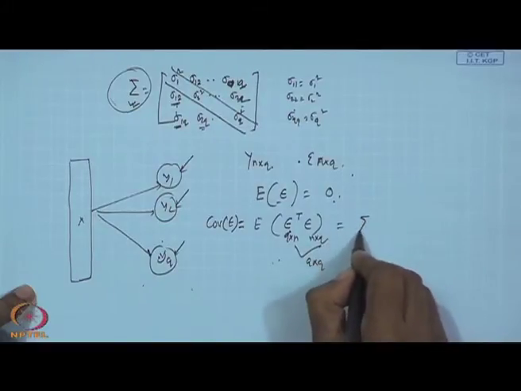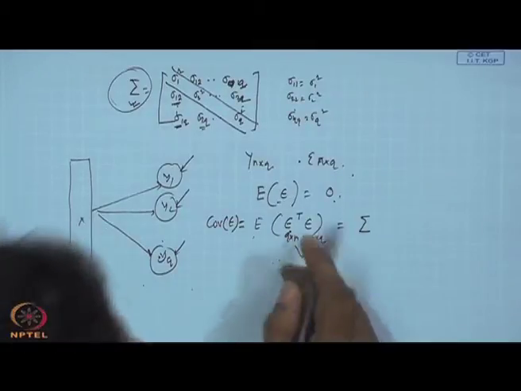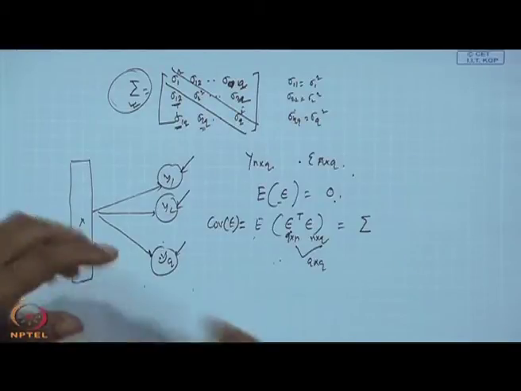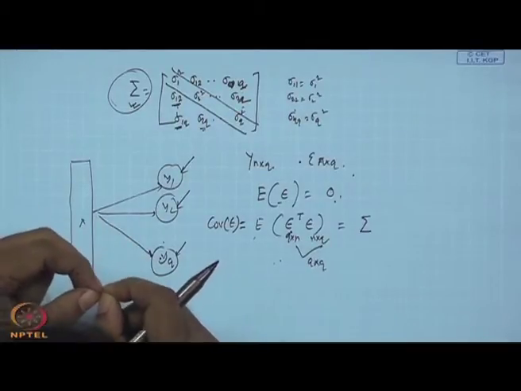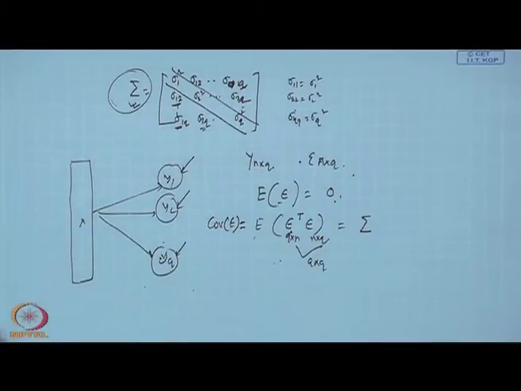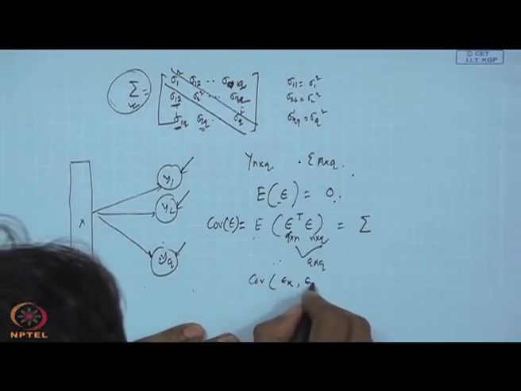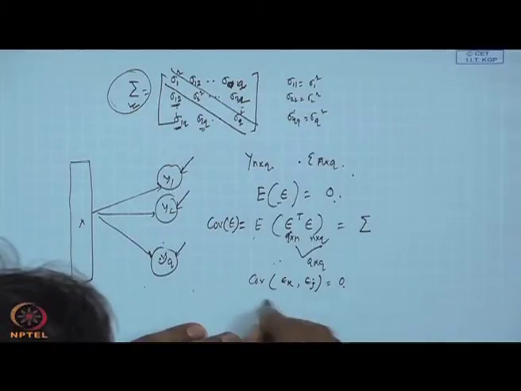So, the regression error covariance matrix is this, and we are saying that the covariance from one dependent variable to another dependent variable, the covariance between epsilon k and suppose epsilon j, two different variables, is 0.